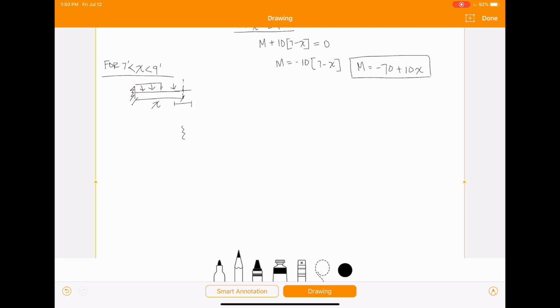Again, I'm going to look at the right side of the cut section. Apply our forces. There are no forces on that side. So apply our reactions. There are no reactions. Apply your internal forces. Go ahead and do that.